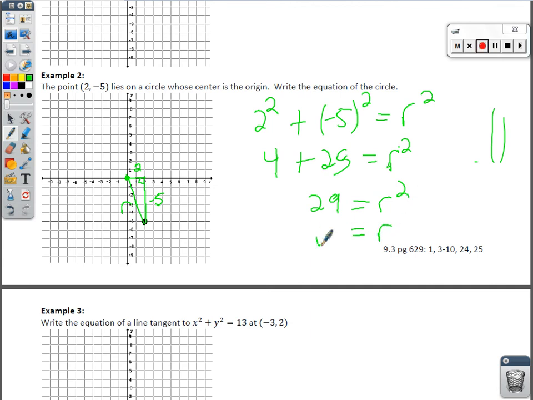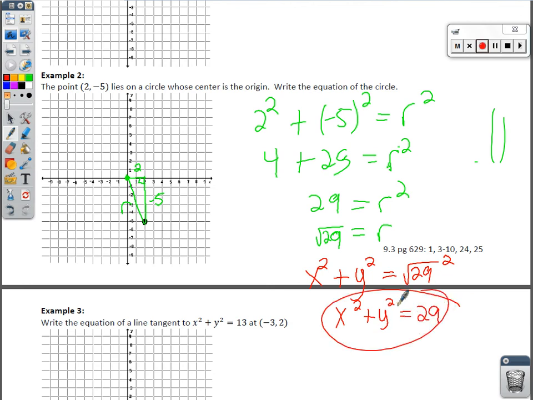We get r equals the square root of 29. So to build the equation, we say x squared plus y squared equals the square root of 29, the radius, squared. And then we can simplify that to x squared plus y squared equals 29. So square root of 29 squared is 29.